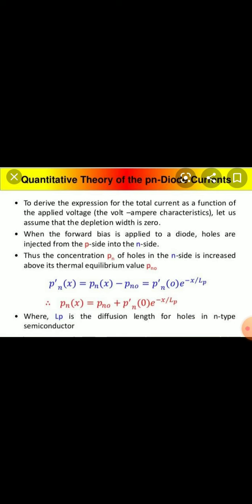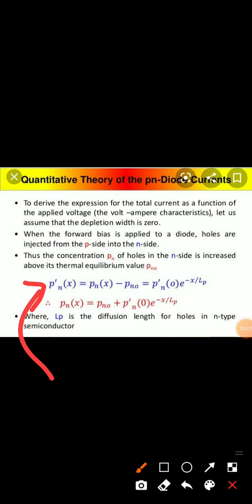When we apply the forward bias to the diode, holes are injected from the p side to the n side. The holes are crossing from the p side to the n side, so the concentration of holes in the n side increases. The formula is p dash n of x is equal to pn of x minus pn naught, which is equal to p dash n of 0 into e power minus x by Lp.